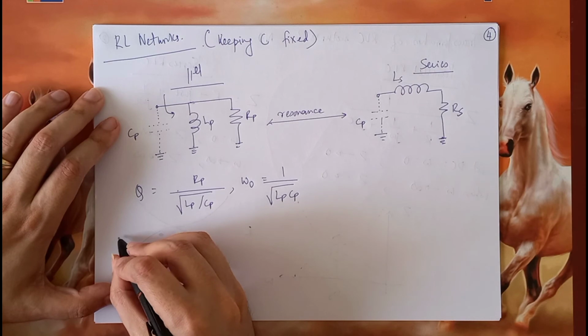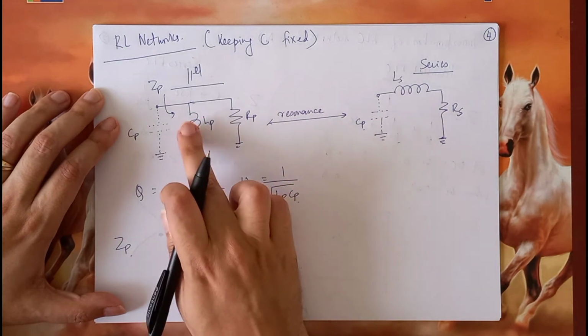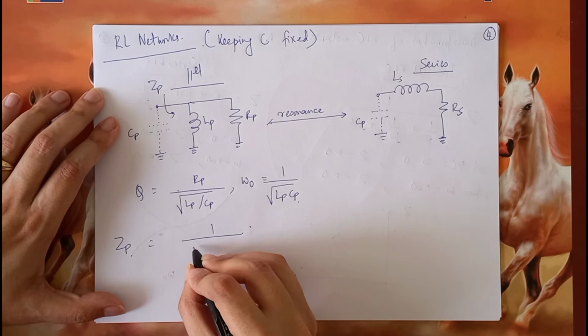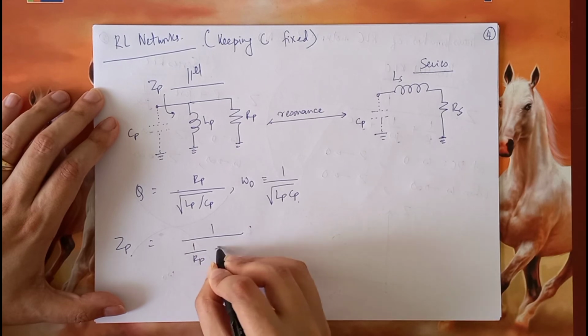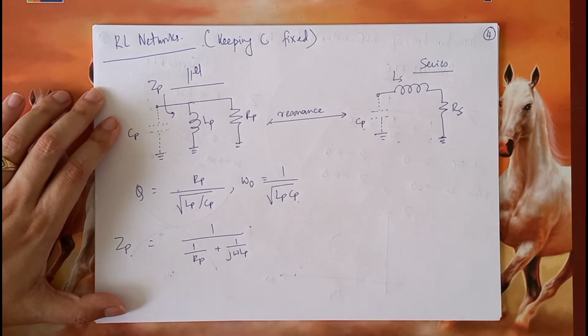So let's say ZP is the impedance seen by the capacitor. That is the parallel combination of RP and LP, that is 1 by 1 by RP plus 1 by j omega LP. Right?